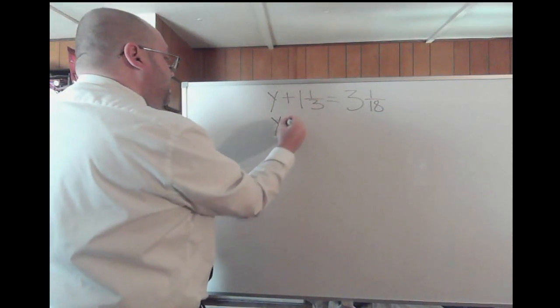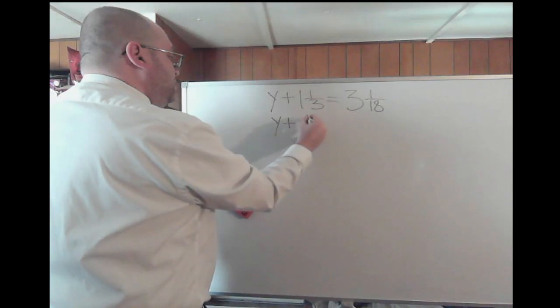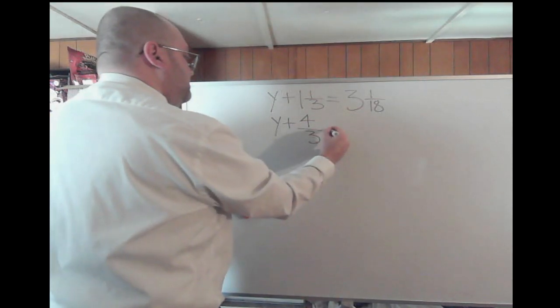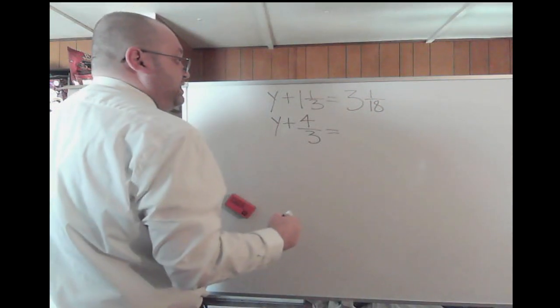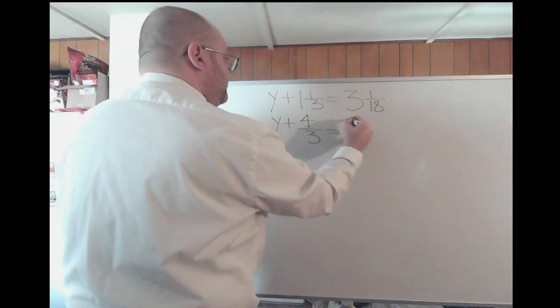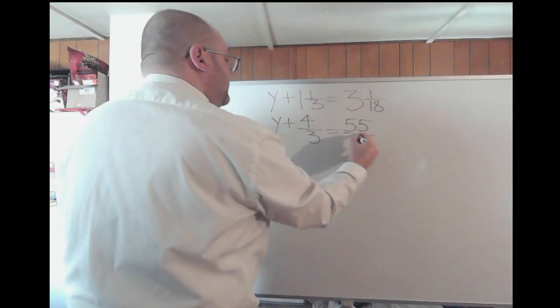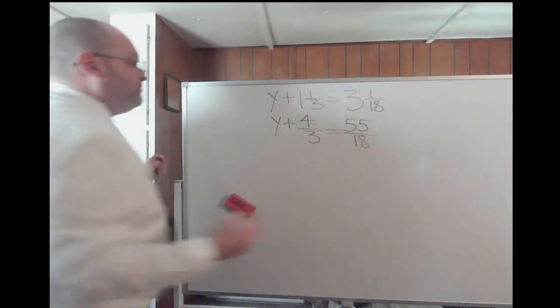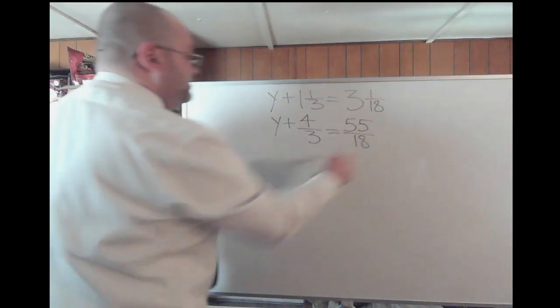So you'll have y plus, now 3 times 1 is 3 plus 1 is 4. So you have y plus 4/3 is equal to, all right, what's 18 times 3? That's going to be 54 plus 1 is 55. That's 55/18. So you have y plus 4/3 equals 55/18.